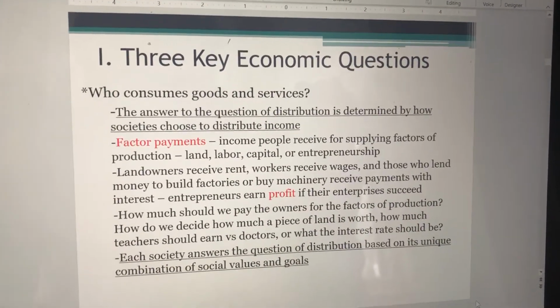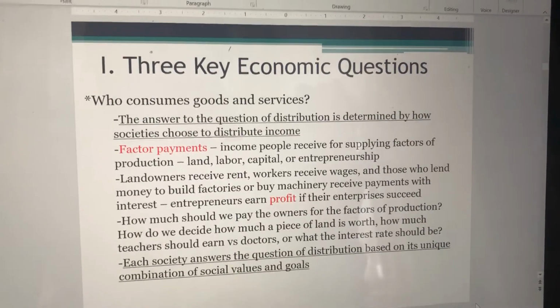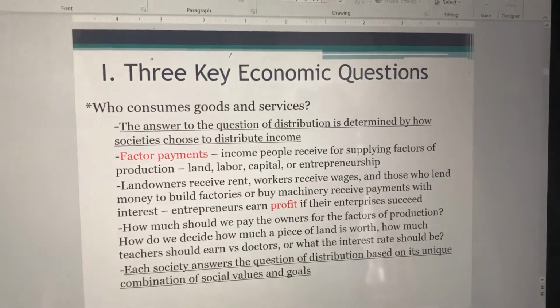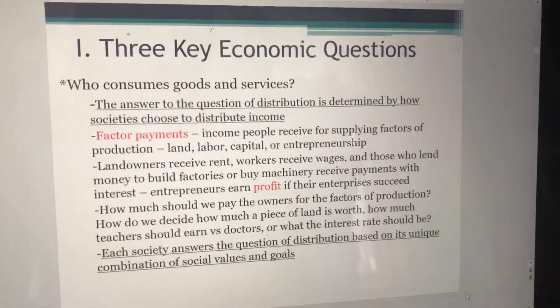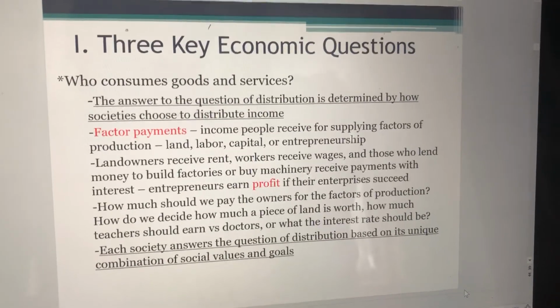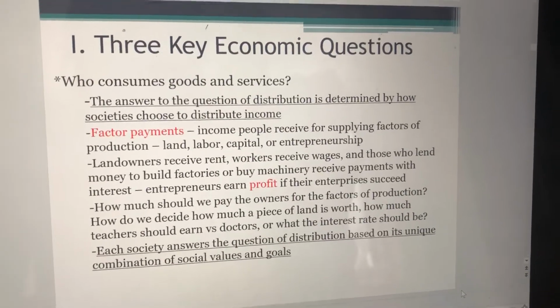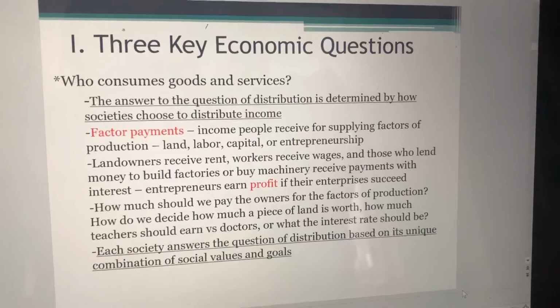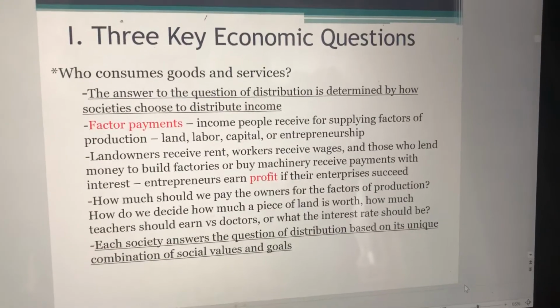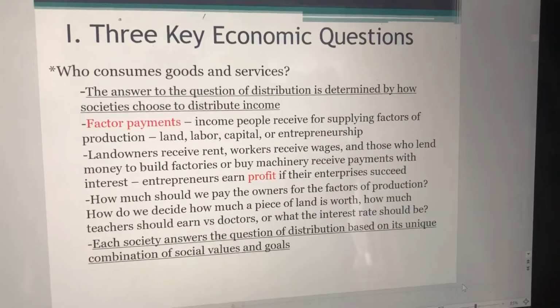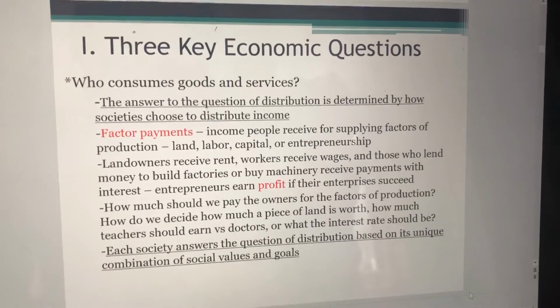If you're only eating hot dogs for dinner versus having Whole Foods and Trader Joe's groceries every night, again, that is based on factor payment, the income you receive for supplying factors of production: your land, labor, and capital. I make a salary for being your teacher.